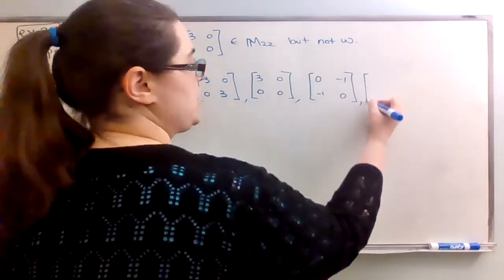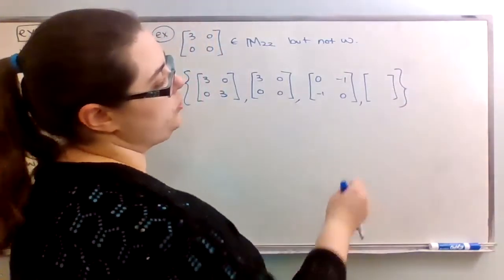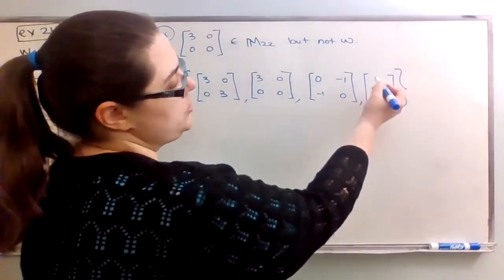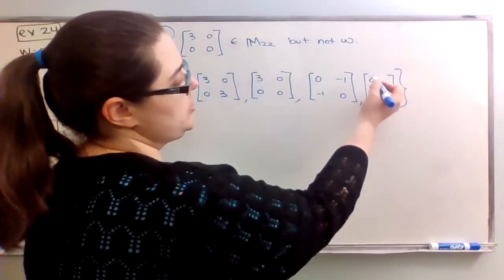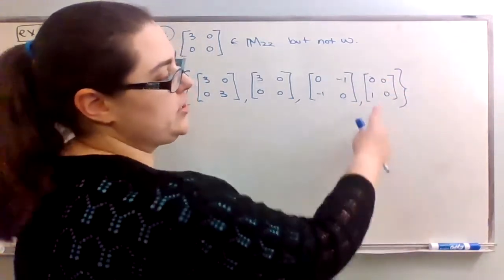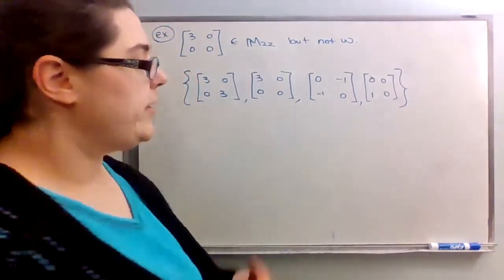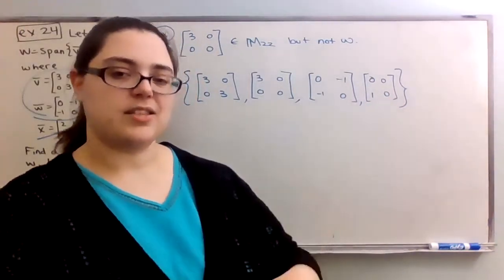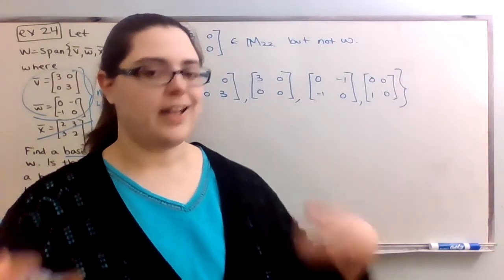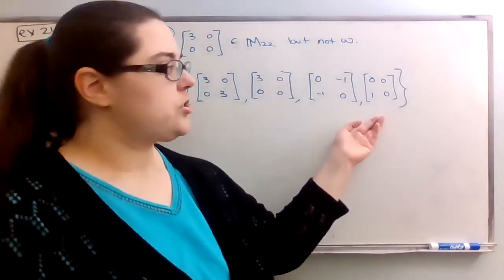So I'm going to toss in another vector, and you could pick whether you want the non-zero entry to be in the top right or the bottom left. So I'm going to choose the bottom left for this one, and I'm just going to choose a 1, but it literally could be any number in this case. If you wanted this to be pi, have at it, right? So it doesn't really matter as long as that's the only non-zero entry. Because we're able to take any linear combination of these, that's why it doesn't matter.